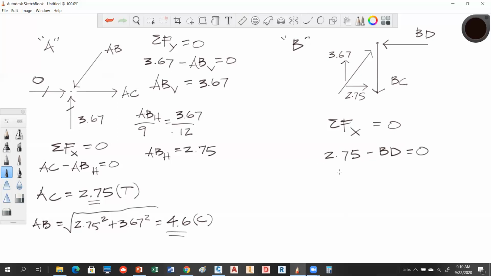So what does this tell me? That BD is 2.75. And I came up with a positive number, and I indicated this as compression. So that tells me I was correct with my assumption that it is compression. Okay?